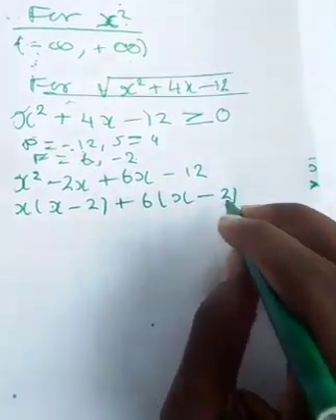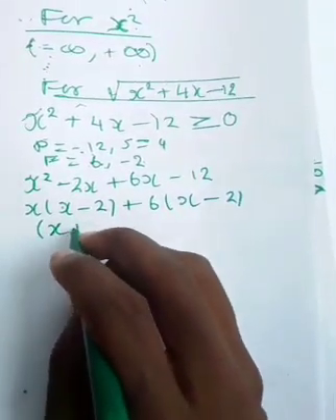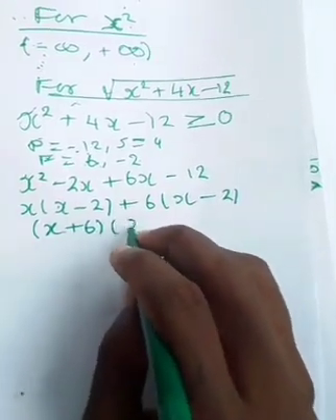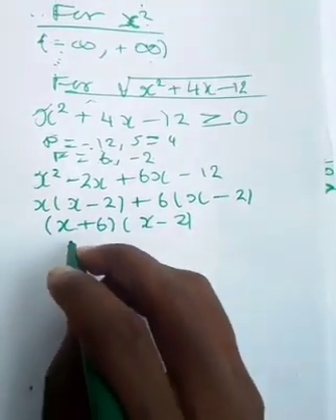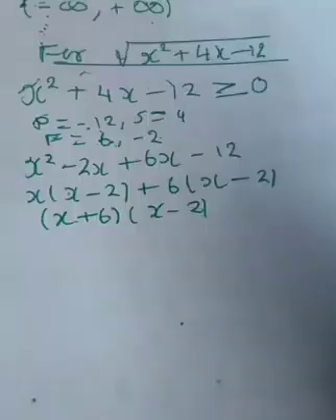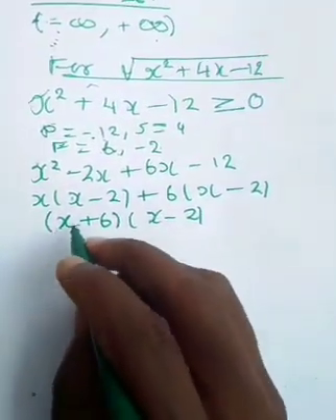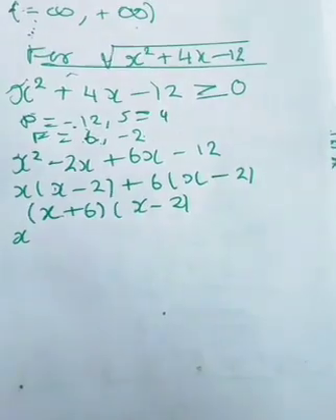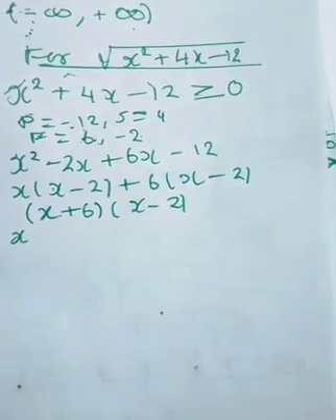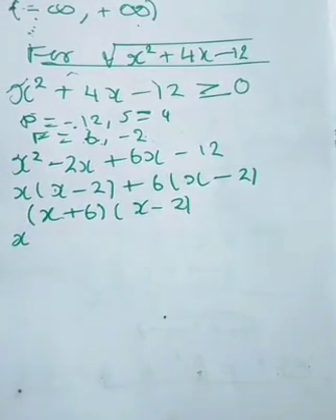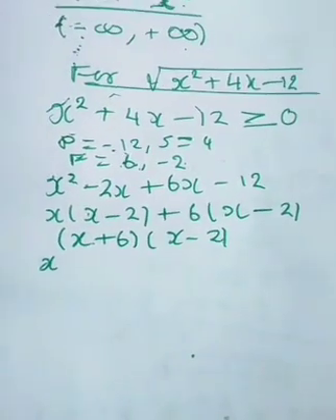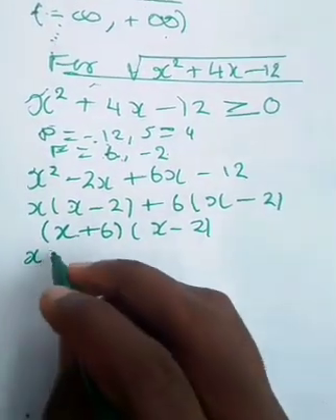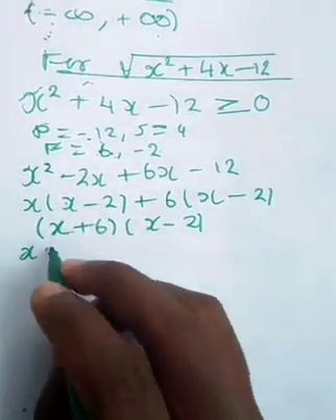So we have (x plus 6)(x minus 2). Okay, so I will just get this and this, then equate them to 0. So to find the critical points, we are going to use the sign table to find the proper region. Okay, so if I equate this one to 0, I'll get negative 6, right?